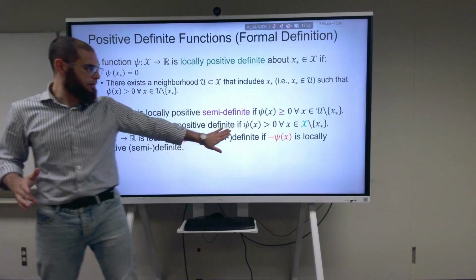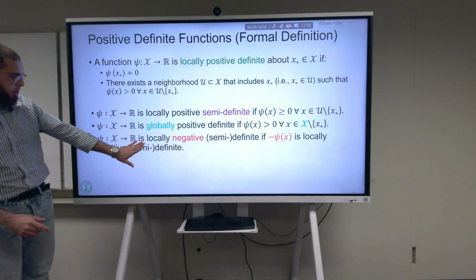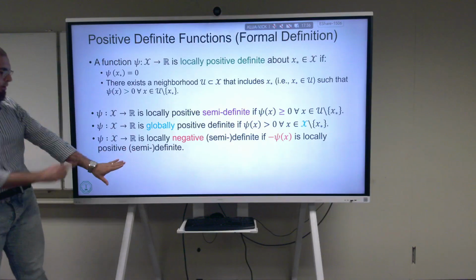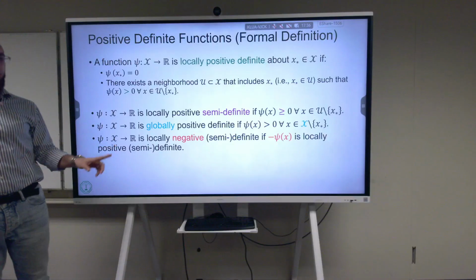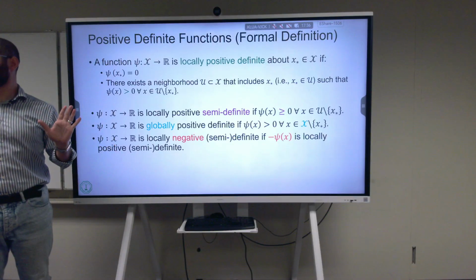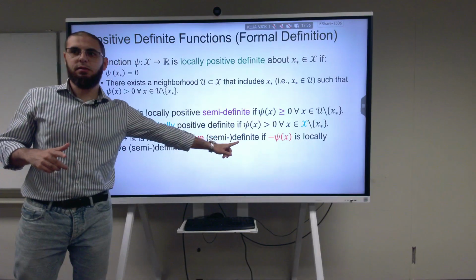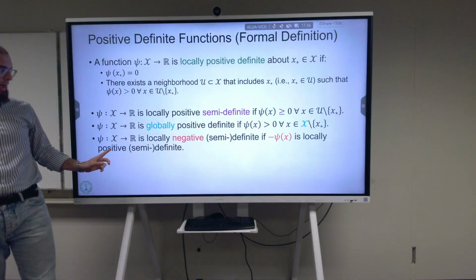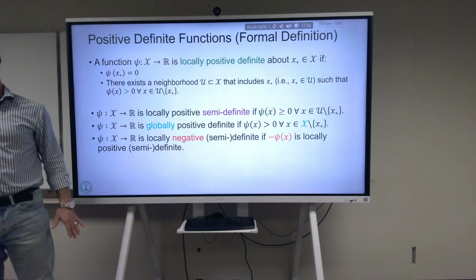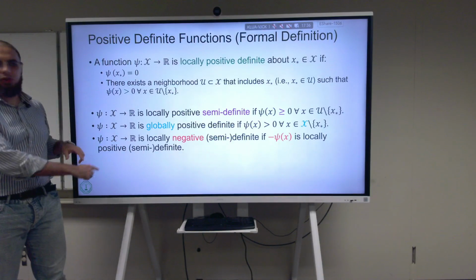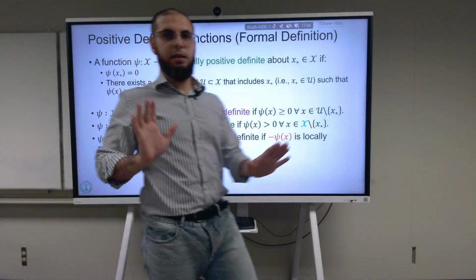It's negative definite if minus psi of x is locally positive, and also remove the bracket, positive definite. So it's negative definite if the minus of it is positive definite. Makes sense, right? But if you want to show that it's negative semi-definite, then you must show that it's positive semi-definite. So this is what the bracket means, just linguistically. Instead of adding one extra condition that is exactly the same, you can just write it compactly like this. Make sense?